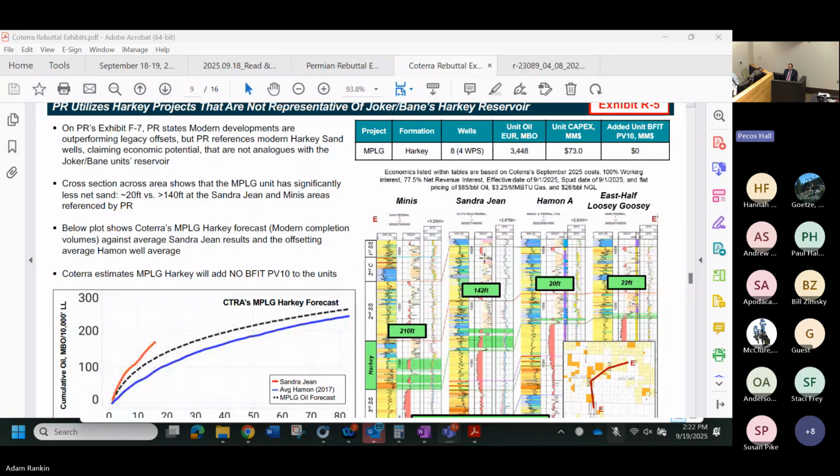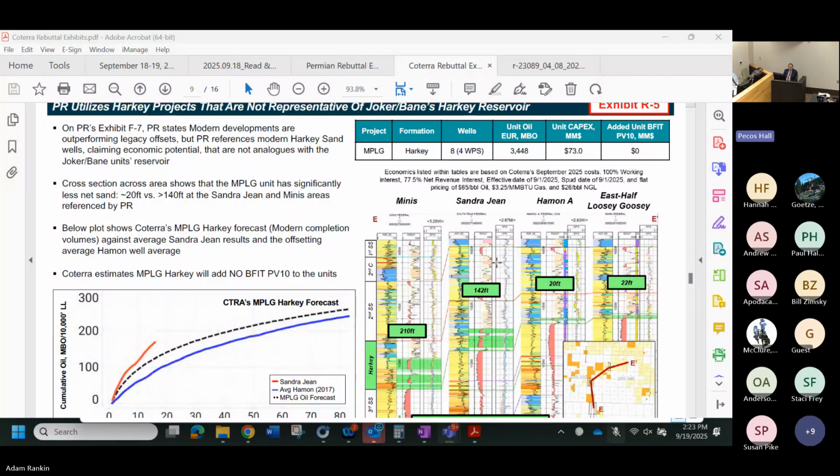We state that the development plan creates economic waste. And initially, as part of the case, Coterra has always claimed that the drilling of these Harkey wells would constitute economic waste. Agree? I'd have to refresh myself on previous testimony, but my testimony today is that it creates economic waste because we do not think they will add value.